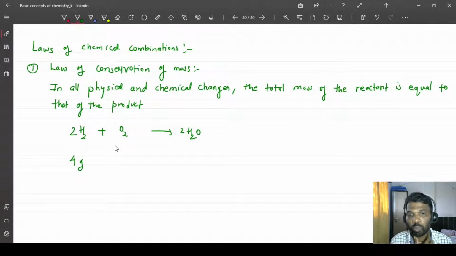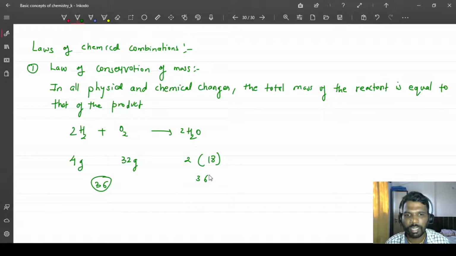Here there are two oxygens, means one oxygen weighs 16 gram, so this is 32 gram, and total should be 36. So here this is 2 into molar mass of water, which is 18, and this comes to 36 total. So this is also 36 on the reactant side, and the product side also the mass is same. So whatever the mass of the reactant is, the same will be the mass of the product. That is what it says.